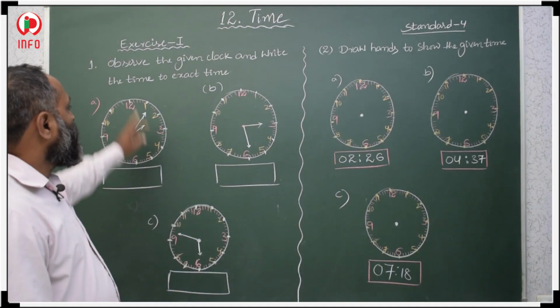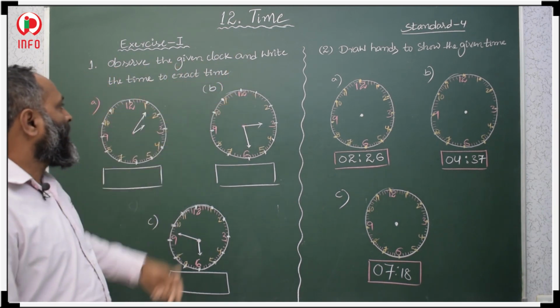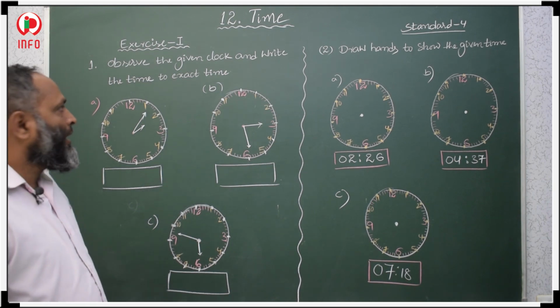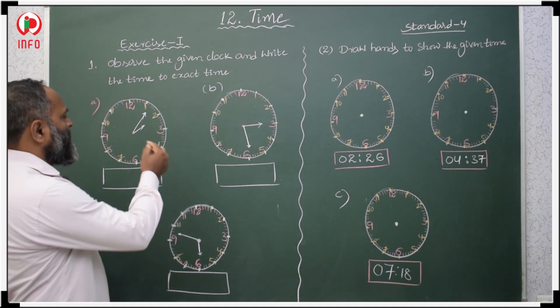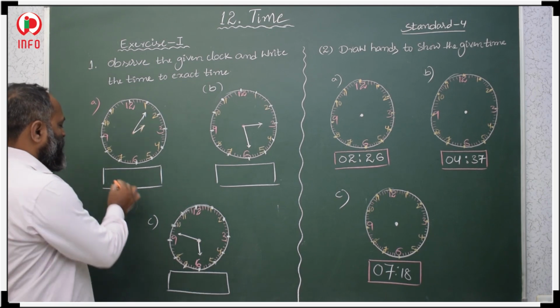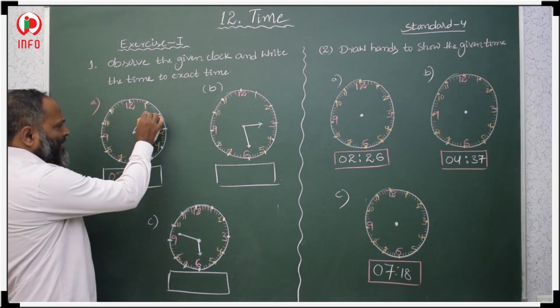Now students, see here in the exercise: observe the given clock and write the exact time. How to write? First we have to see where the small hand is. Here the small hand is at 2, which means 2 hours. Where is the minute hand?